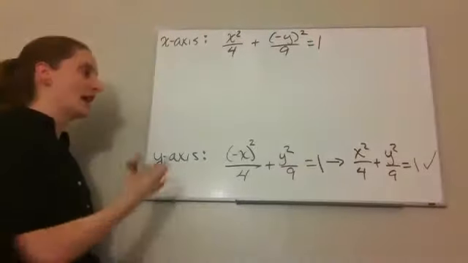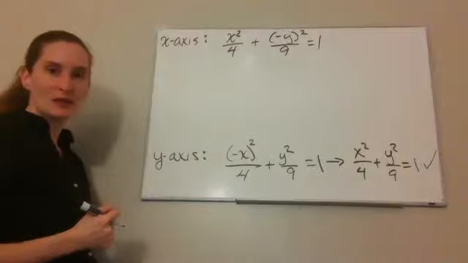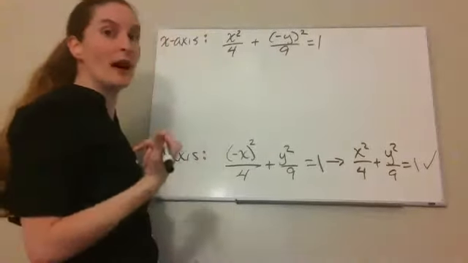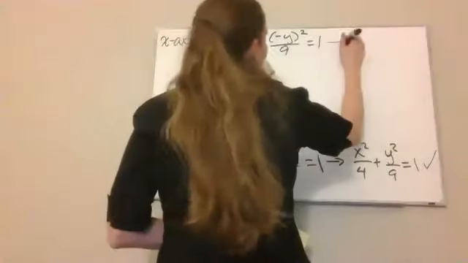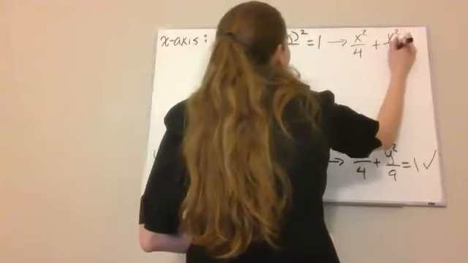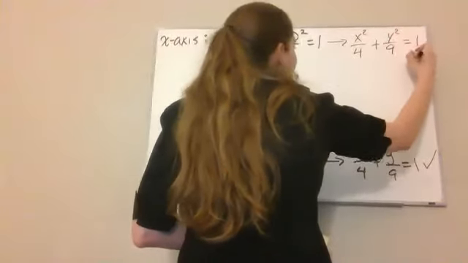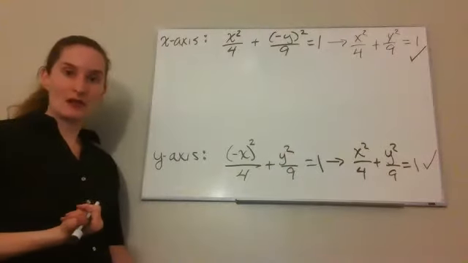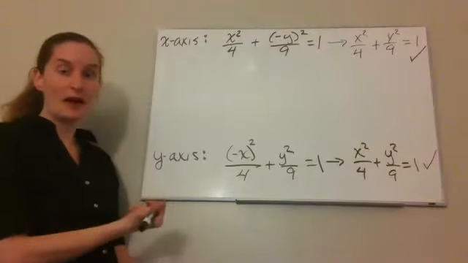But just like we had with the negative x in parentheses squared, this negative y in parentheses squared is going to be positive y squared. So this gets me x squared over 4 plus y squared over 9 equals 1, which is the same equation I had to start with. So we are symmetric with respect to the x-axis as well.